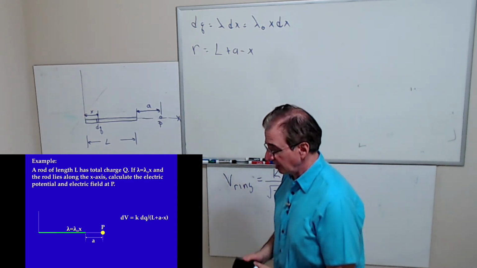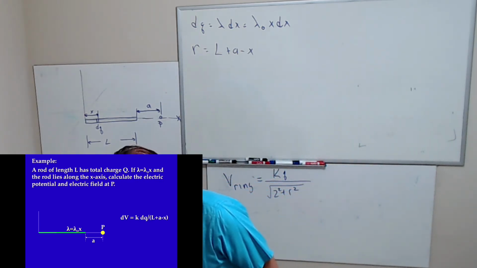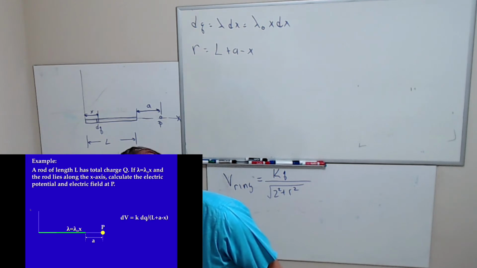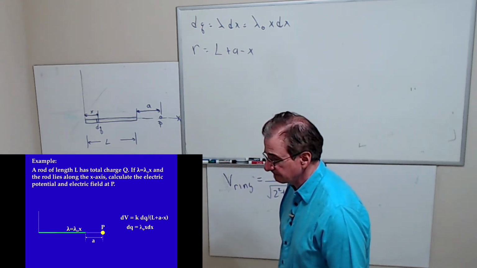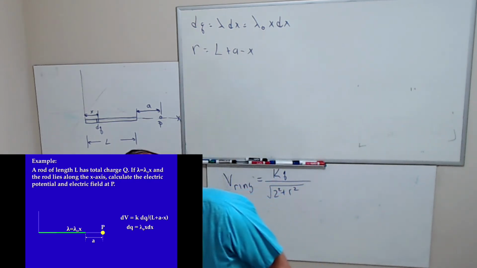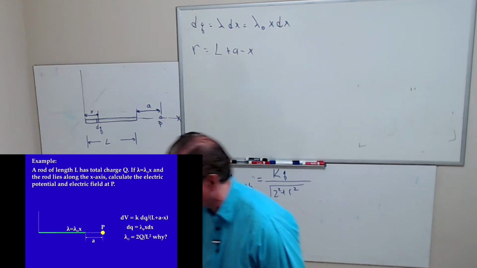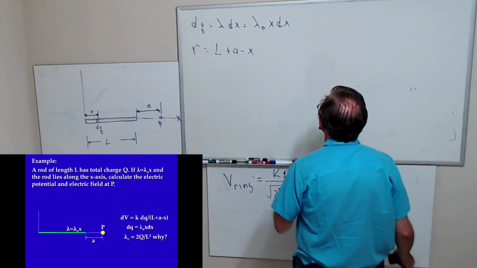And look, we did this problem before, so I don't want to spend time re-deriving what lambda naught is. You've done it in one of the homework problems. So I will say what lambda naught is. It's 2q over L squared.